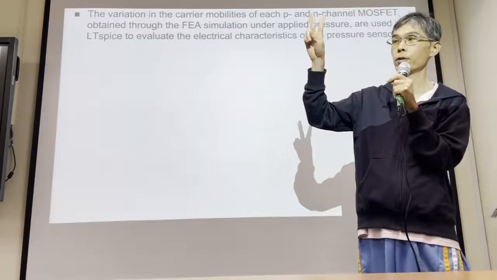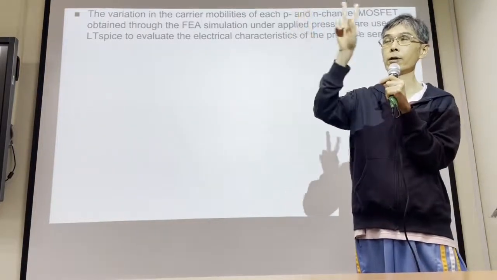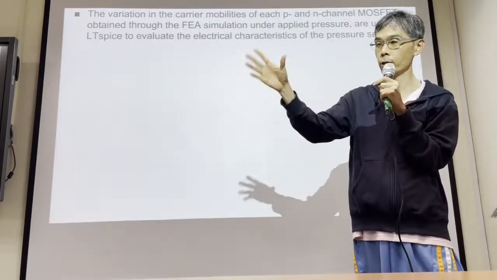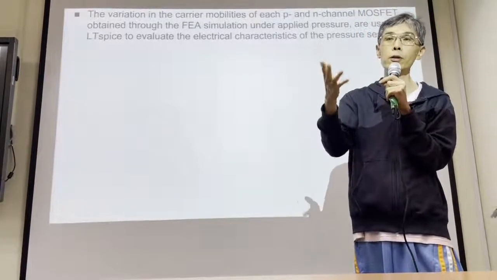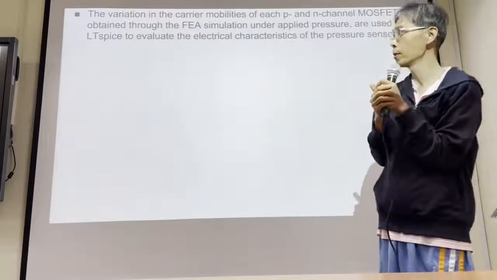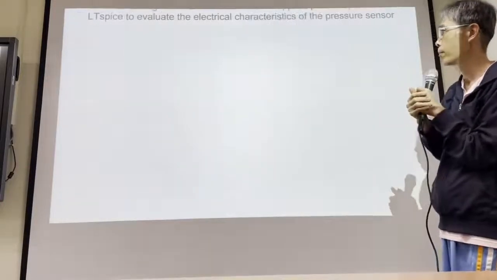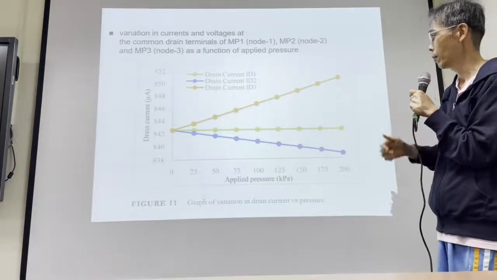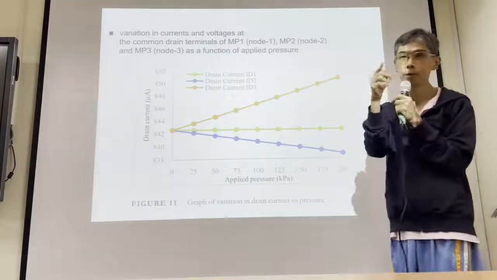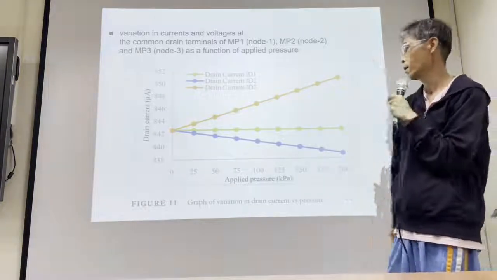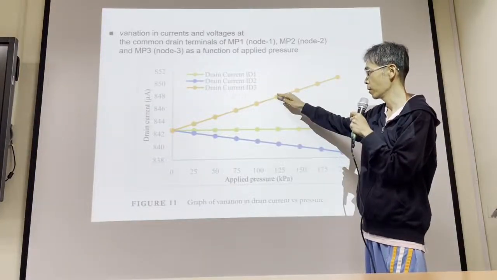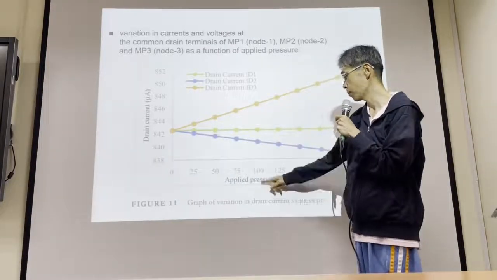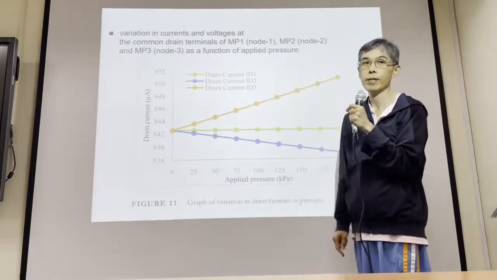So you have resistance variation and mobility variation as functions of the pressure as your input to LTspice. Next. Then each team, we have 7 teams. You are going to plot this figure, drain current as a function of the applied pressure, based on LTspice.